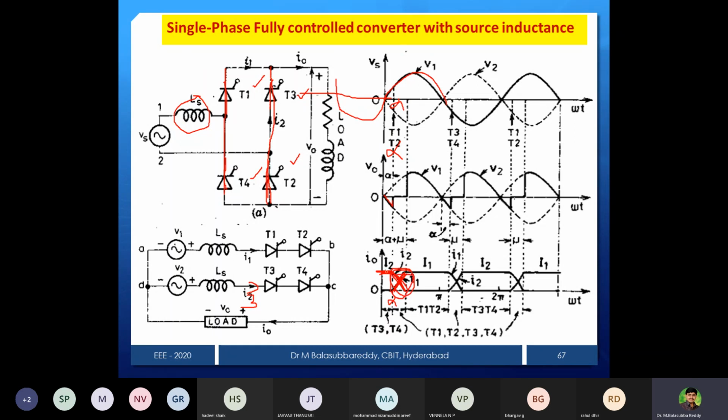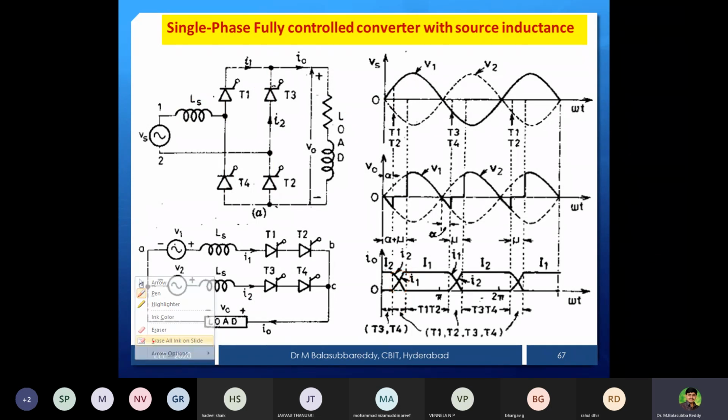Then what is our output voltage? I want to measure across the load. This voltage is directly short circuited at the leg, so the output voltage will be 0. After the overlap period, we can notice the waveform.